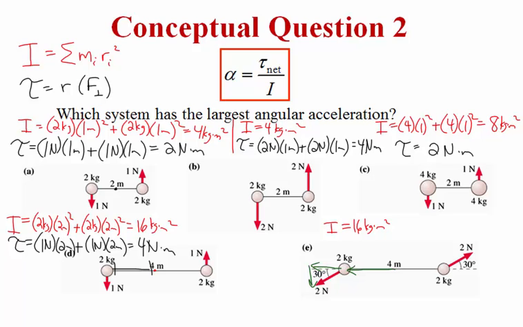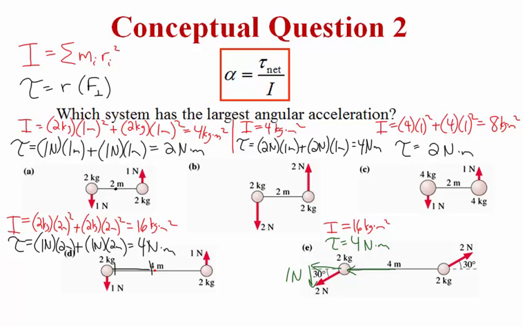And so that y component is 2 newtons times the sine of 30 degrees, or 1 newton. And so we can see that case E is identical to case D. The torque is going to be 4 Newton meters. And we can also see that case D and E are both going to have the same angular acceleration because it's the same torque and the same rotational inertia.